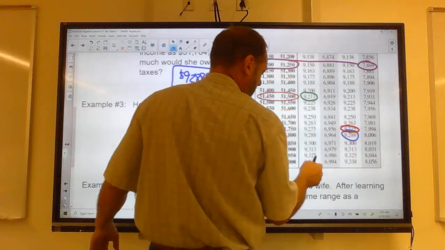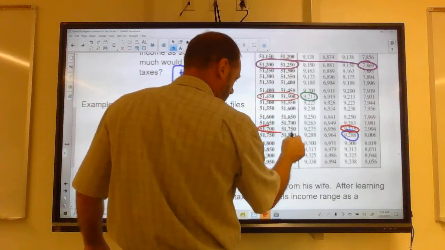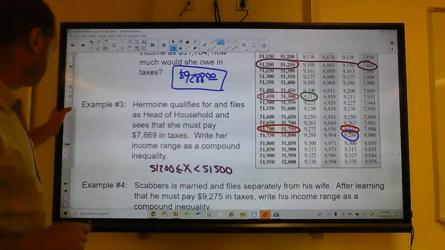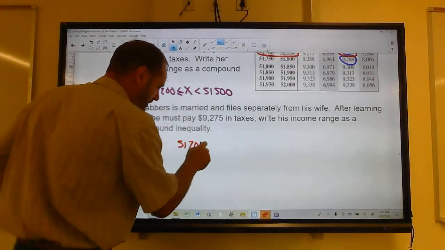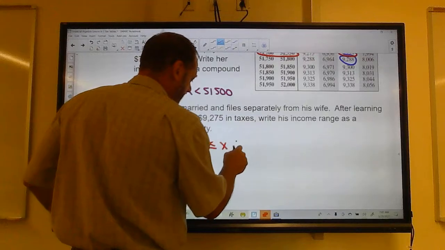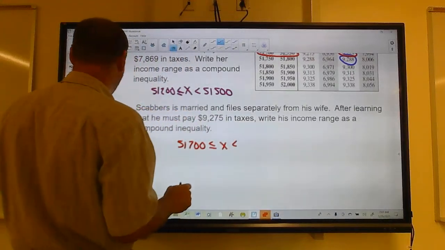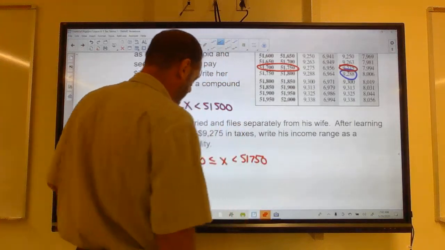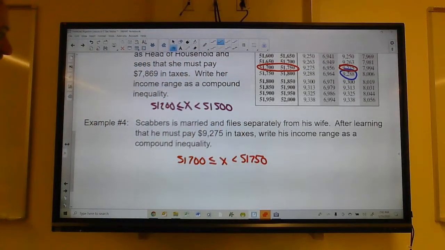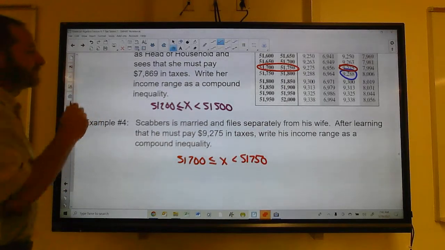That would be right there. So his income range would be between 51,700 is less than or equal to X is less than $51,750. Okay, that's how you use a tax table.